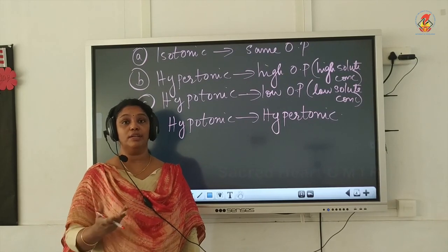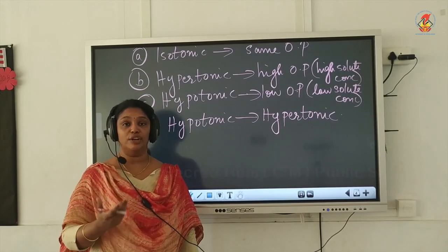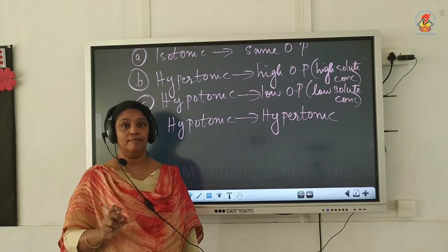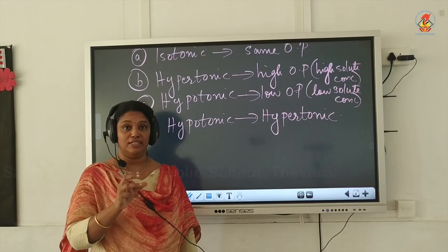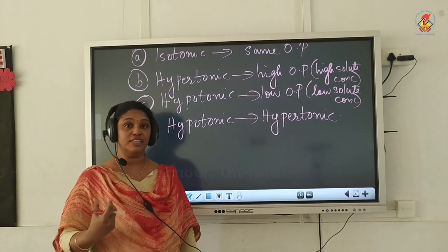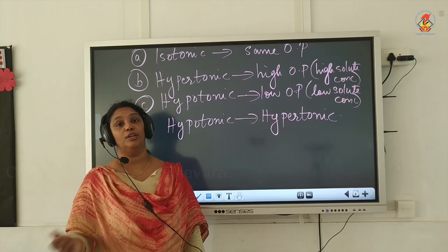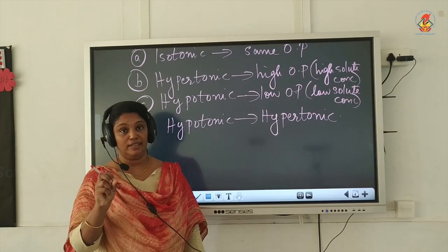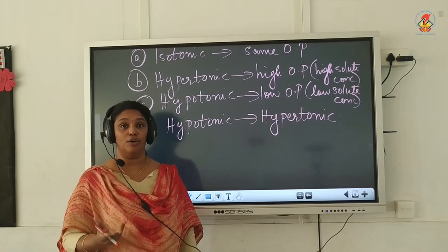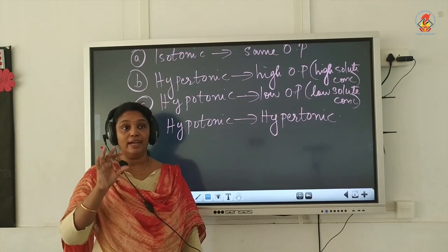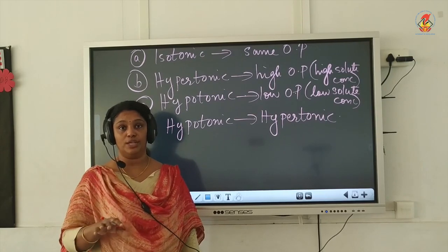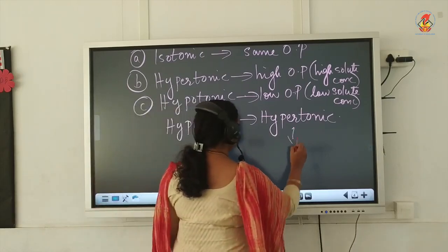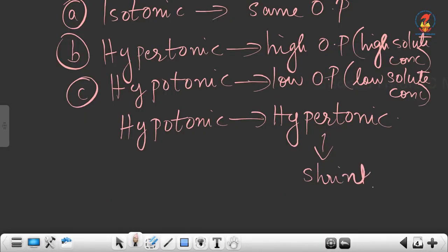Hypertonic means more concentration of solute particles. In that case, the solvent or water will come out of the substance into the hypertonic solution, which means that the substance will shrink. So in a hypertonic solution, the substance will shrink.